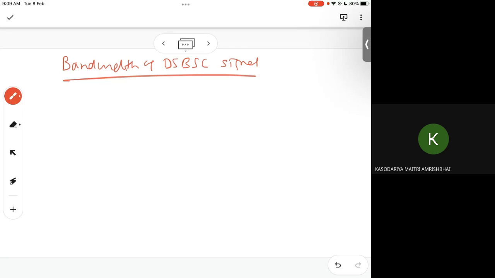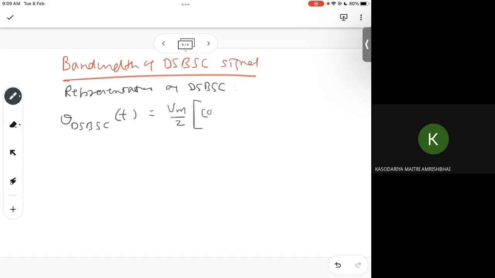So how does the mathematical representation of my double sideband signal look? The representation of double sideband suppressed carrier will look like this: V DSBSC of t is equal to Vm by 2 into cos of (omega C plus omega m) t plus cos of (omega C minus omega m) t.